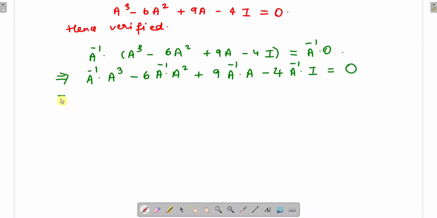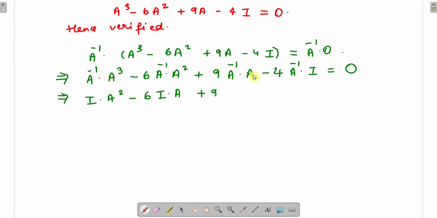Now one A gets multiplied to A inverse, so A inverse times A will be I, and A square will remain. Similarly, minus 6, A inverse times A will be I, and one A will remain, plus 9.